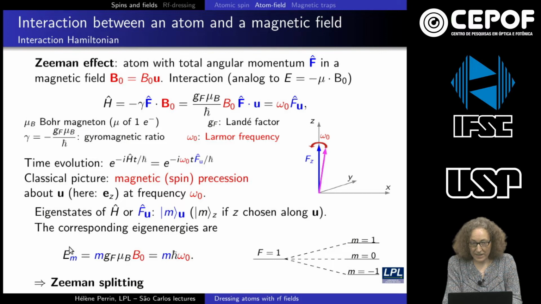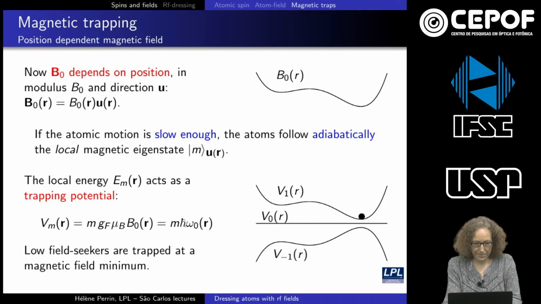So the eigenenergies, now in the presence of a magnetic field, are not all equal to each other. There is a shift, which is called the Zeeman shift, and the different magnetic states are shifted proportional to the Larmor frequency, or equivalently to the magnetic field. In the case of F equals 1, there are 3 eigenstates shifted proportional to the magnetic field.